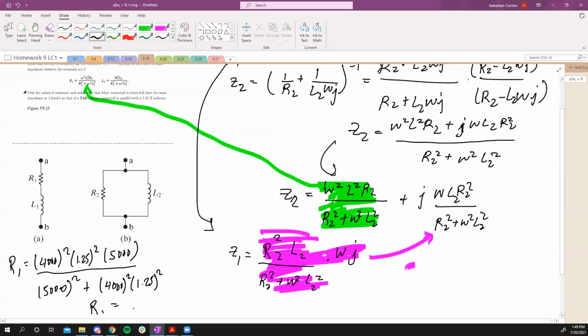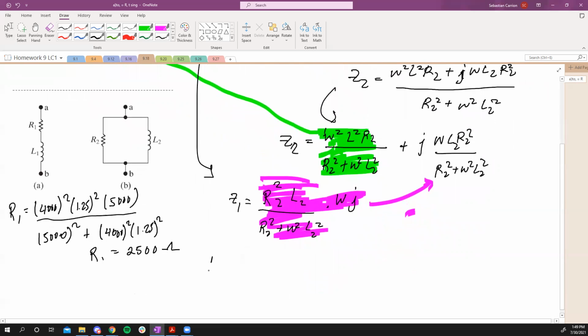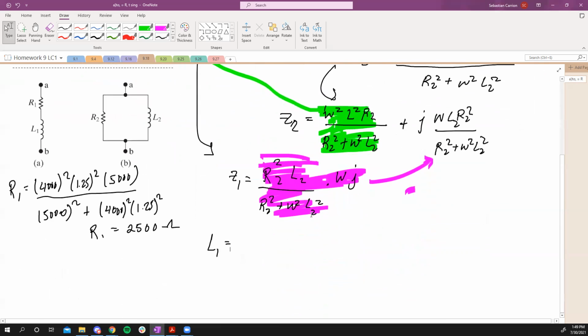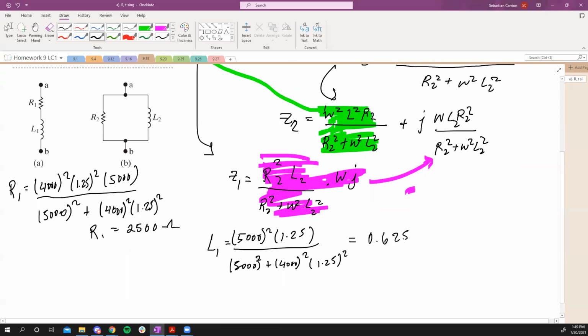So R1 is 2,500 ohm, and for L1, we got R2 squared, so 5,000 squared times 1.25 over 5,000 squared plus 4,000 squared times 1.25 squared, which is 0.625 Henry.